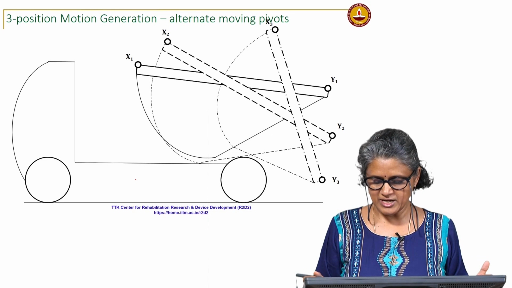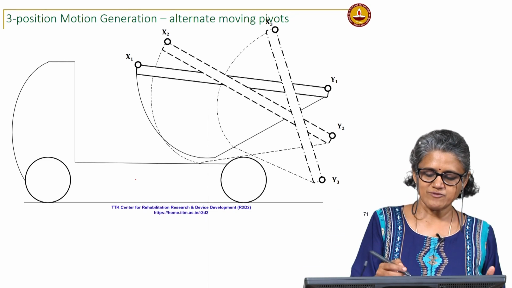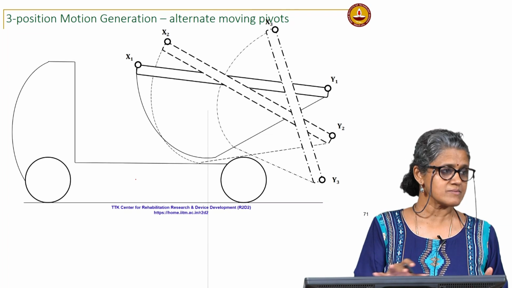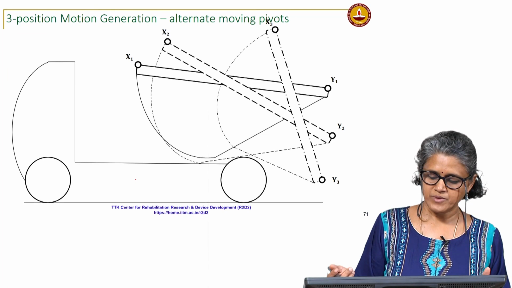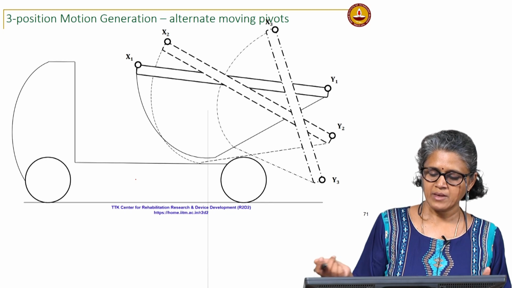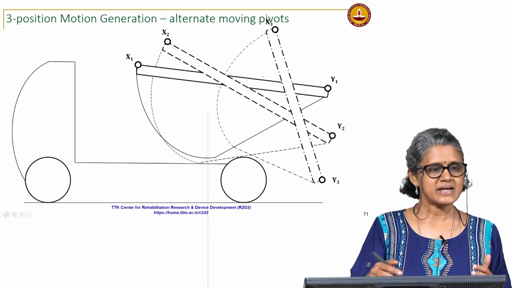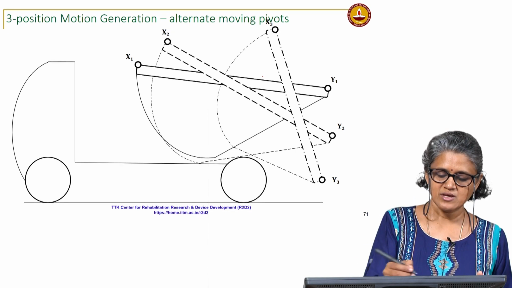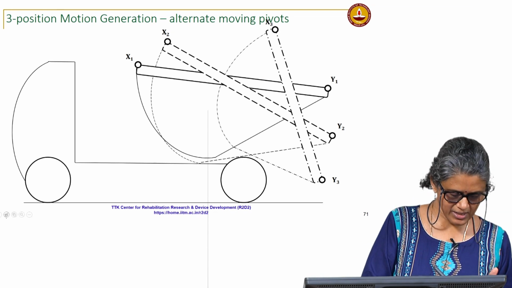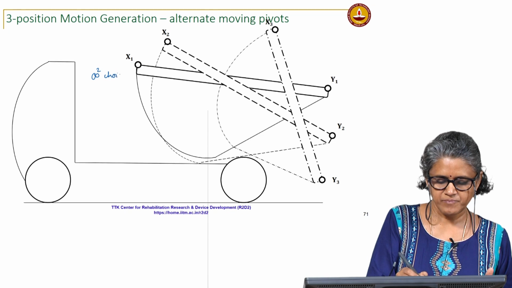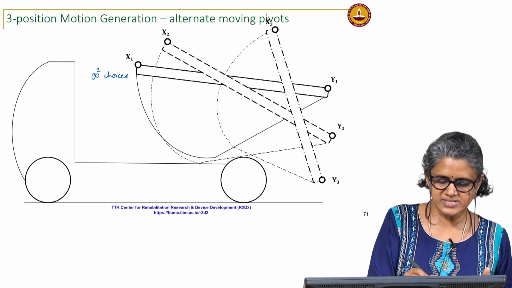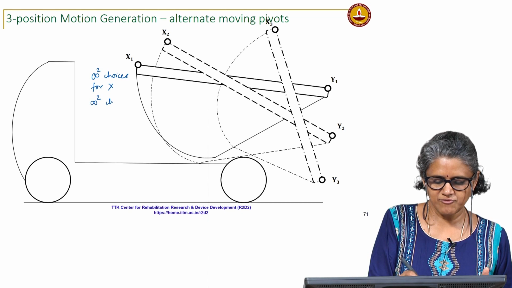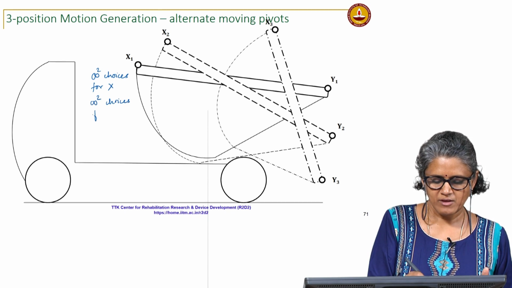It would be difficult to do that, in which case you may have to find other moving pivots on the bin, or you could possibly extend the bin if necessary to find suitable moving pivots. So, you would have infinity square choices for the x and y coordinates of x, and similarly an infinity square of choices for y.